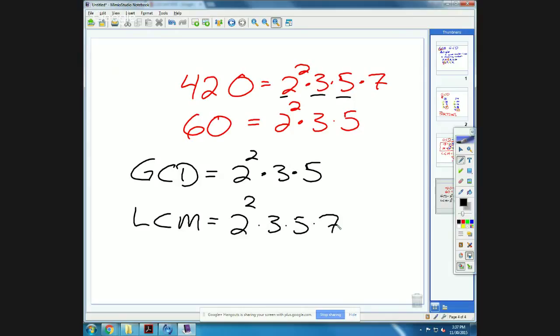The other way to think about it is the LCM chooses the highest power of all primes present. What's the highest power of 2 here? 2 to the second power. What's the highest power of 3? This one's available. Highest power of 5? That one's available. And highest power of 7? So there is the LCM looking at it that way.